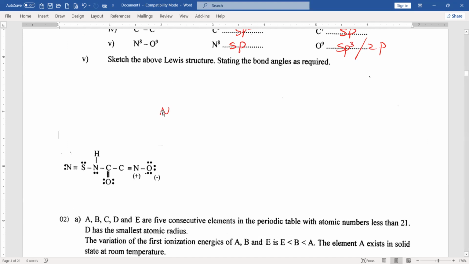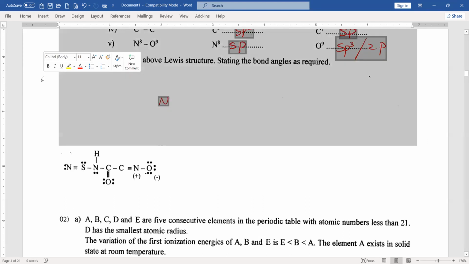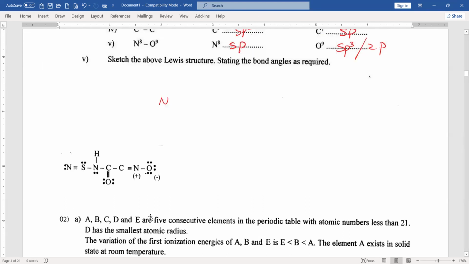I will draw it a little above here. Sulfur and nitrogen, it is linear like this. Then we have hydrogen here and a lone pair here.